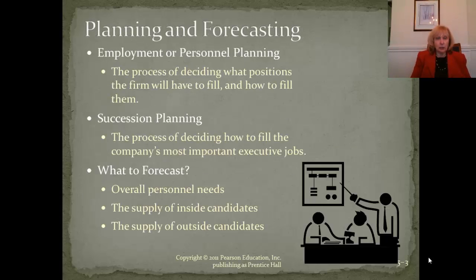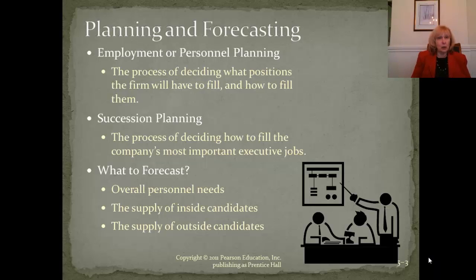You can see here I've put a definition of planning up here on the screen. An aspect of that is what we call succession planning, and that is really the process of having a second tier of folks in line, or an idea of how you would fill your executive level, or what we call your C-level jobs.